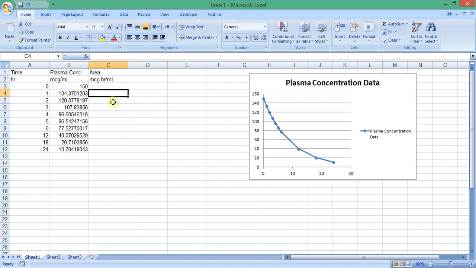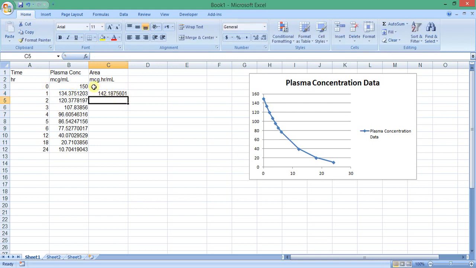So we will start from the second row. The area of the first trapezoid equals, open a bracket, the concentration at 0 time, the cell B3, plus the concentration at the first point, the cell B4, close the bracket, divided by 2, and then multiplied by, open a bracket, the time T1 minus the time T0, close the bracket, enter.